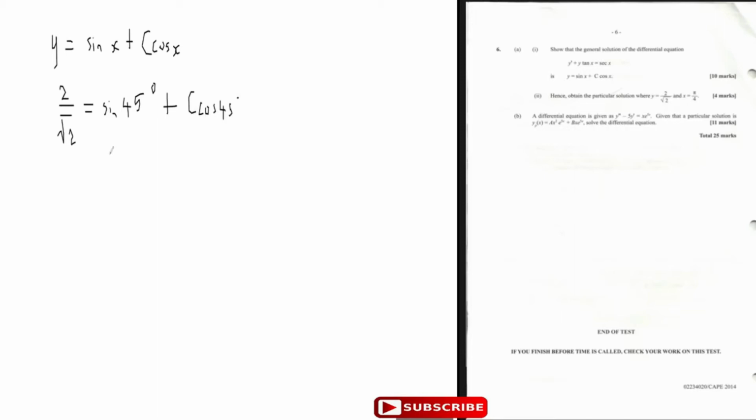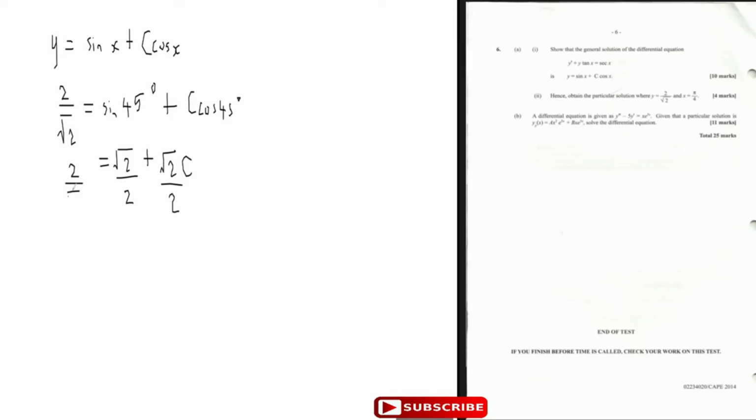Now, the sine of 45 degrees is root 2 over 2, plus cos of 45 is the same thing, root 2 over 2, times c. And then over here we have 2 over root 2.